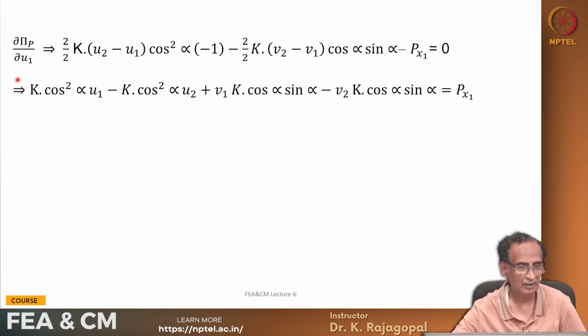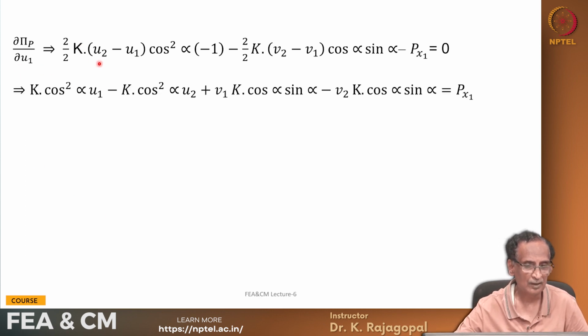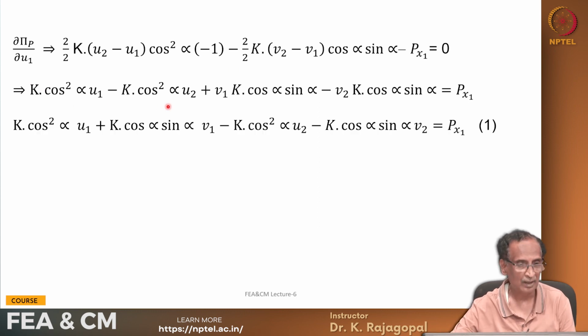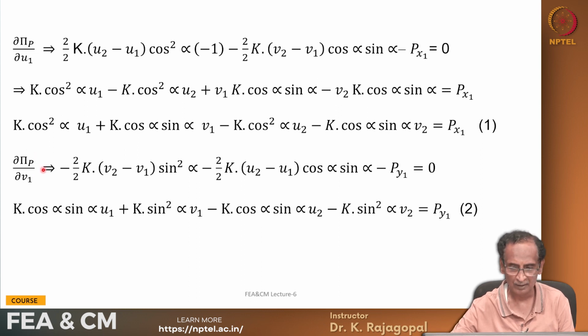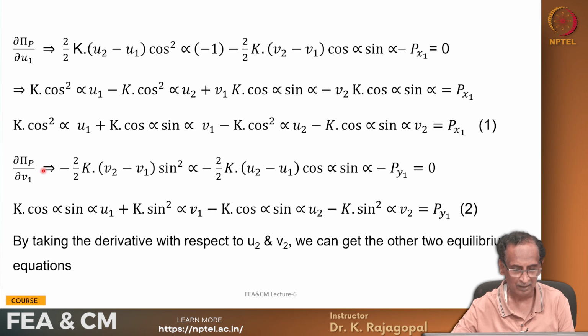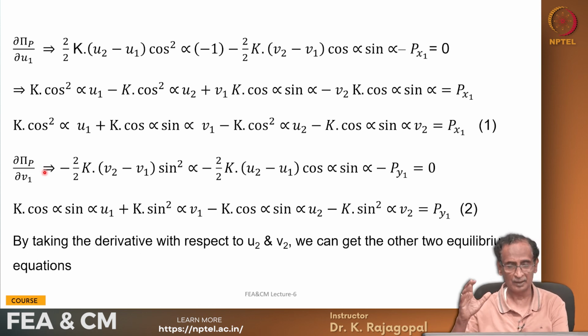So, our dou pi by dou u1 will give you this equation, and then if you simplify it, you will get it like this, and then similarly dou pi by dou v1 will give you this equation, and by taking derivatives with respect to u2 and v2, we get two more equations.